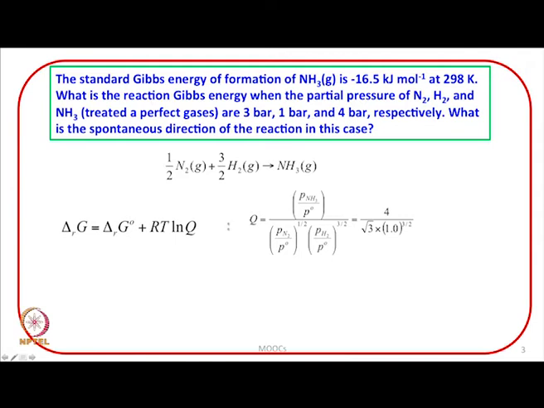Once you substitute, you have the value of Q. Now I will substitute the values of delta R G naught and Q into this equation: delta G is equal to delta G naught plus RT log Q. The value comes out to be minus 14.4 kilojoules per mole.